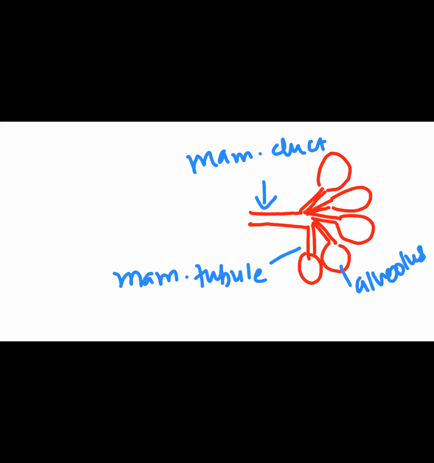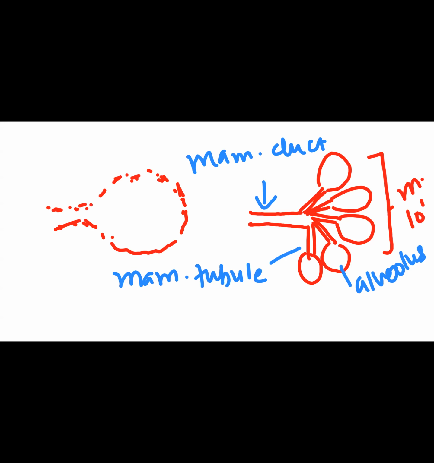यही चीज को हम ऐसे डॉटेड फॉर्म में अगर दिखा दें, this is the same thing, a mammary lobe. The whole thing is a mammary lobe with several alveoli.